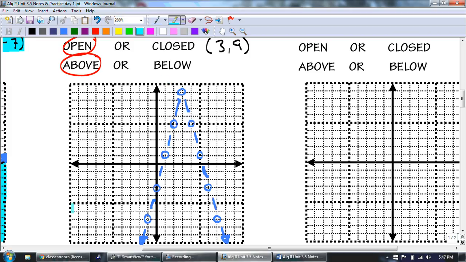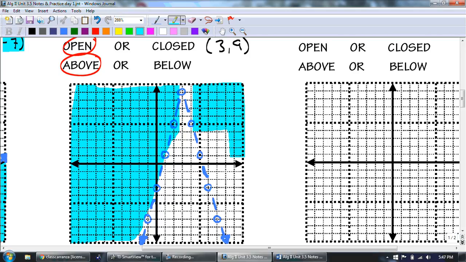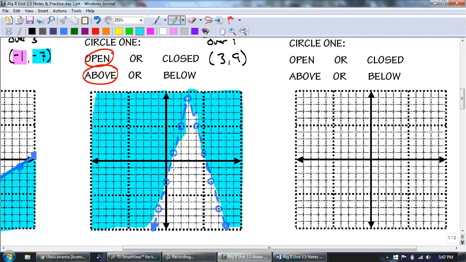So I got to go with everything that is above the inequality. Okay, I'll get that second little section in a second. So make sure that everything that's above that line, or that inequality, is shaded in. Okay? What do you think? That's not too hard, is it?